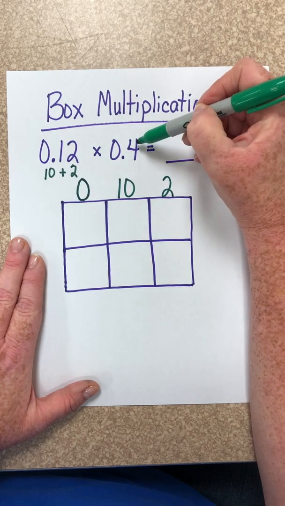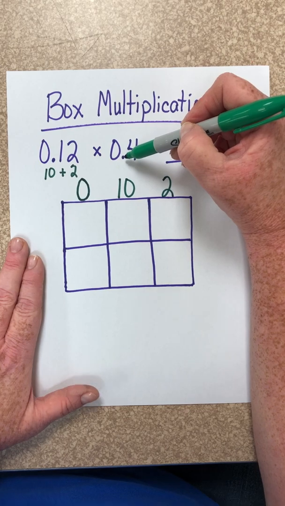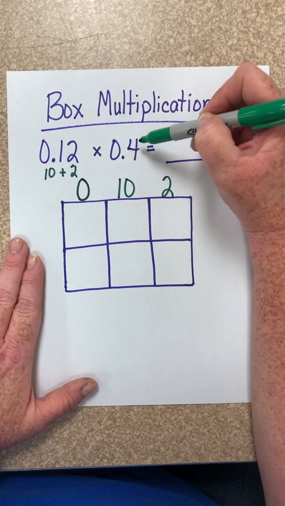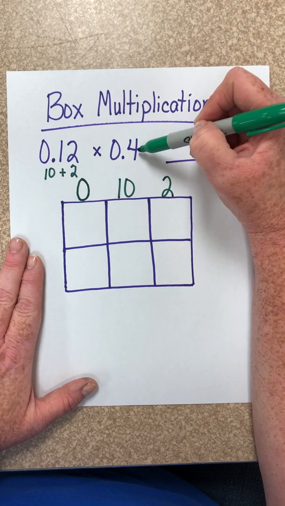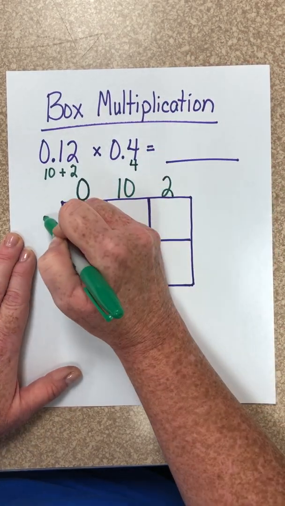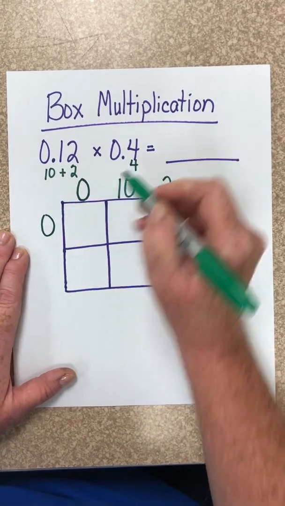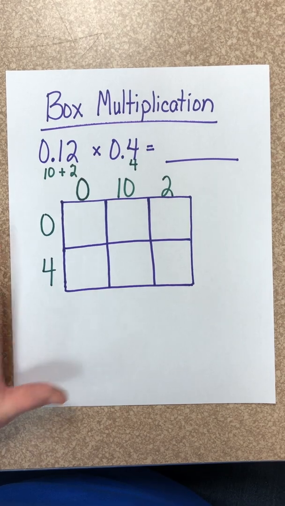Now in this factor, we have 0.4. Again, let's ignore that decimal point just for right now. 0 is in tens place then, and 4 would be in ones place. So that means I'm going to put the 0 here and the 4 in front of the second row.